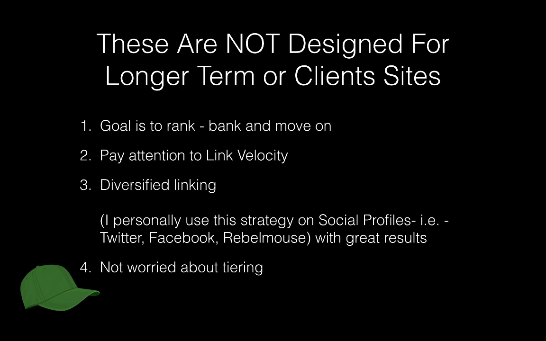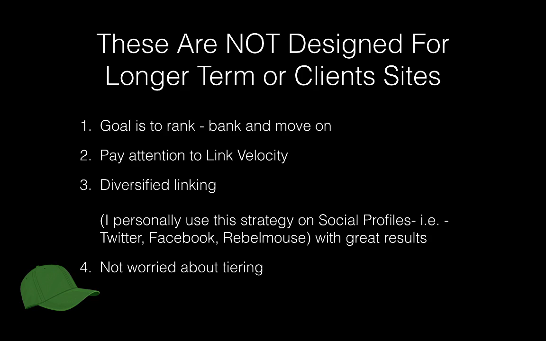Next, we want to pay attention to our linking. We want to diversify our linking, but in these instances, we don't want to diversify it too much. I've seen a lot of people spread their anchor text out to where it's hundreds of keywords, and I'm finding you can rank for some of those longer tail terms that get low search volume.